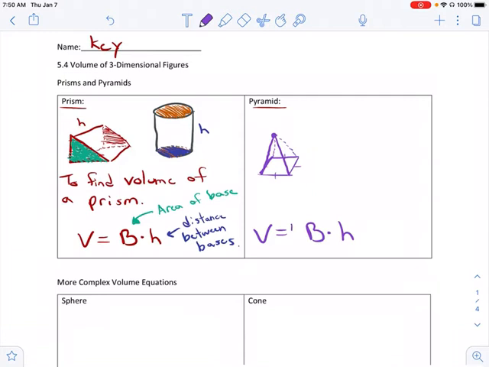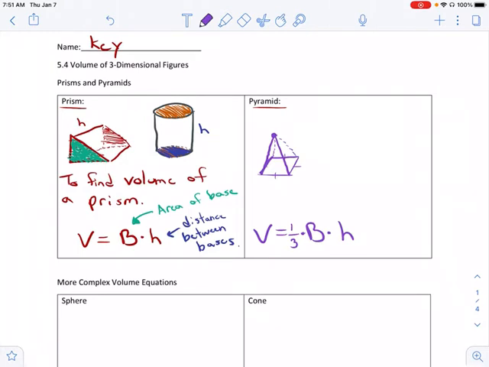The difference here is that we have this correction of 1/3. There are a few different videos showing the calculation of where that 1/3 comes from.